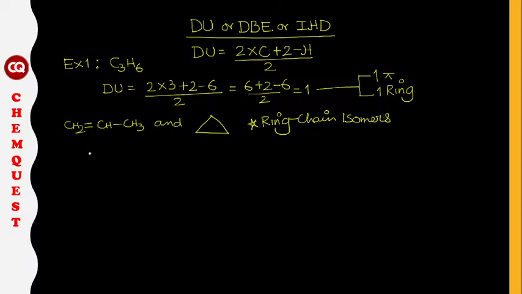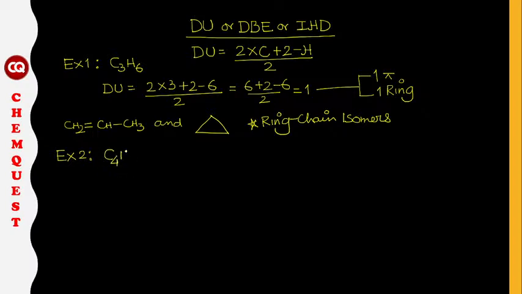Value of degree of unsaturation. Now our example number 2. In example number 2, we are going to discuss different types of examples. C4H8.